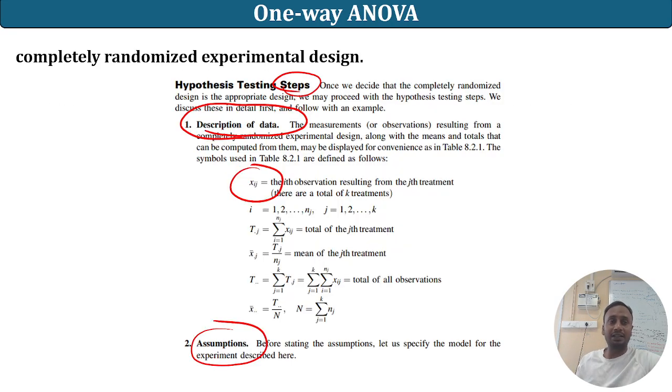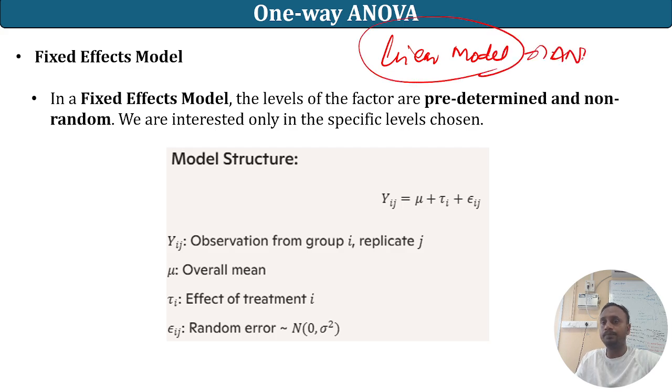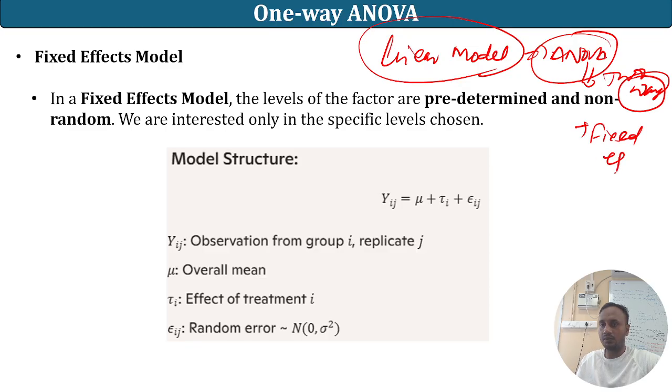Okay, so now as I told, we are having a linear model to solve the ANOVA. Either it can be a two-way, either we can have a fixed effect model, or we can go with a random effect model.